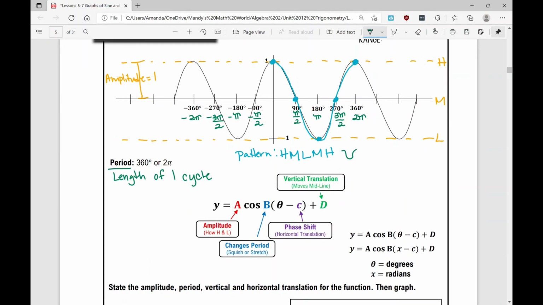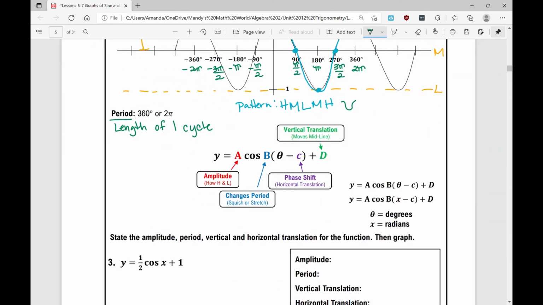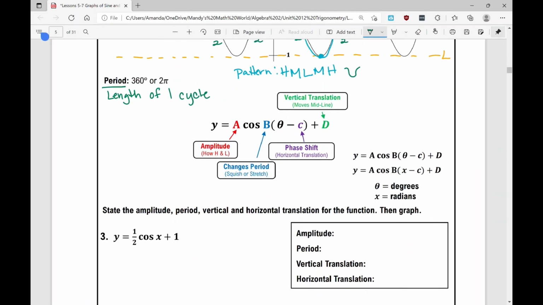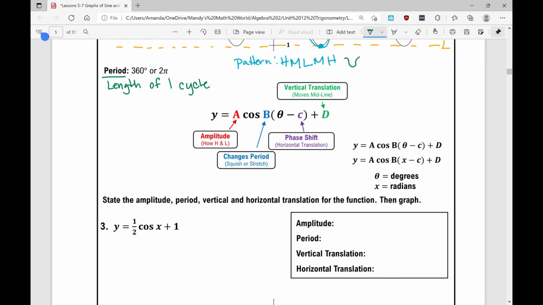Just like we did with our sine functions, we can transform our cosine functions in the same manner. So if I have a value out in front, that changes our amplitude, how high or low. The b value, which is after the cos or the sine, which we're not going to have today, changes the period. It'll squish it or stretch it.